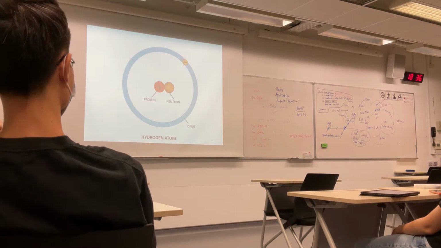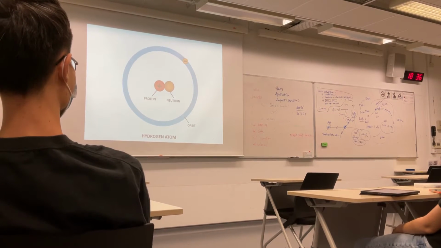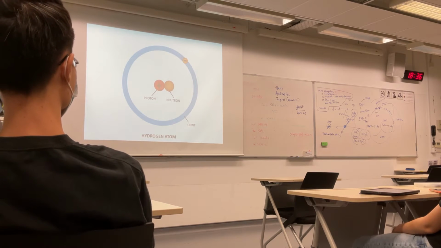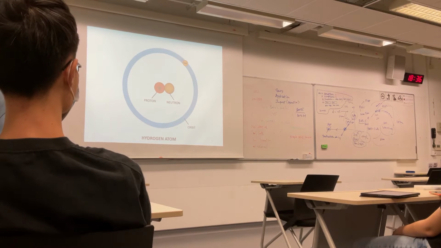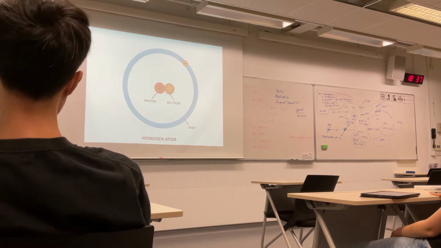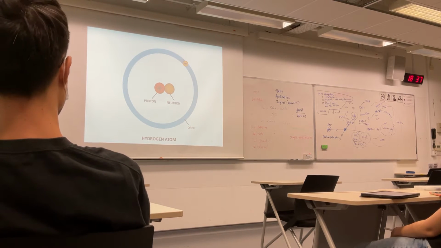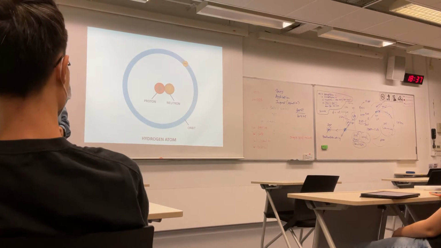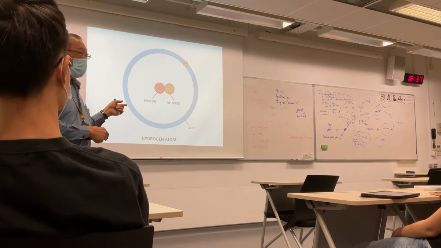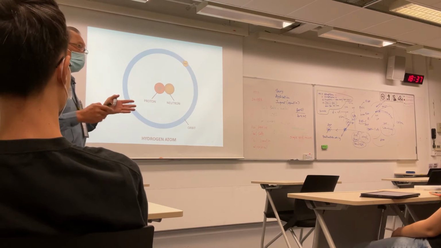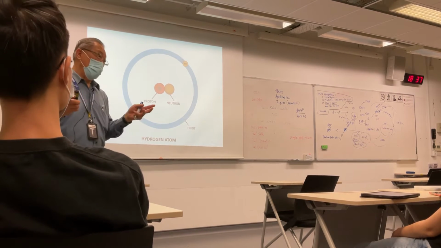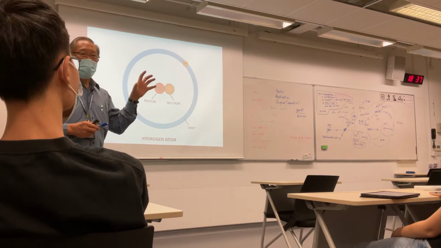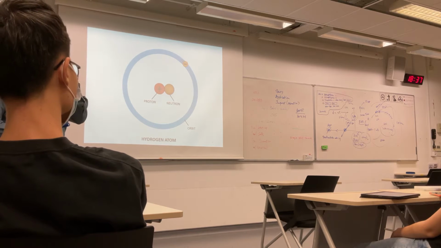Now interestingly, do you realize that this hydrogen atom has a neutron? It's not normal. Normally hydrogen does not have a neutron. So this is called heavy hydrogen, an isotope. Isotopes are atoms that have the same atomic number but different atomic weight.